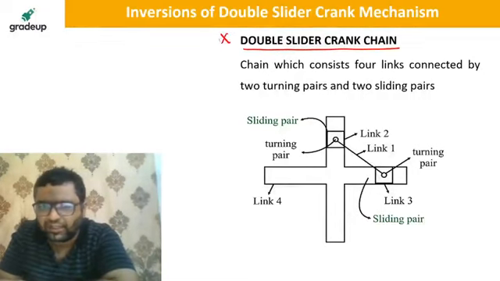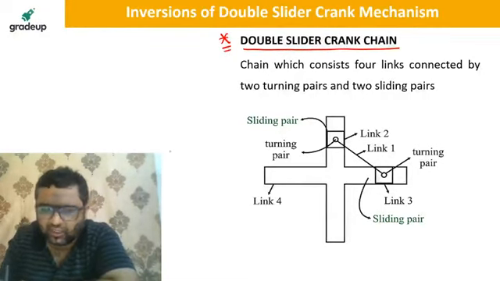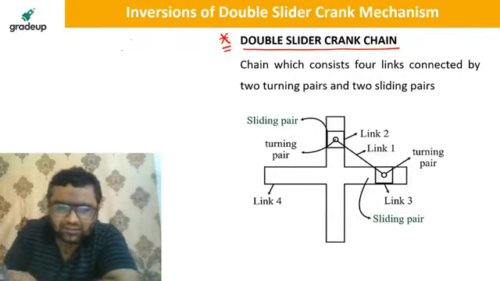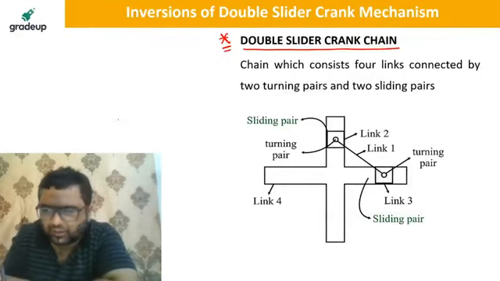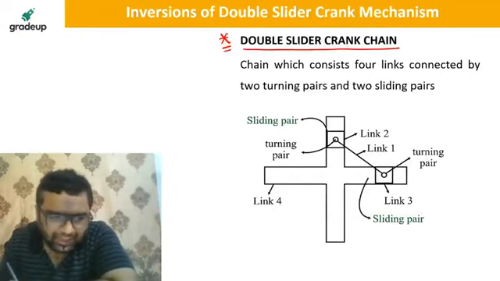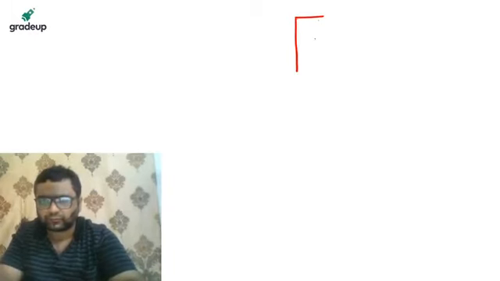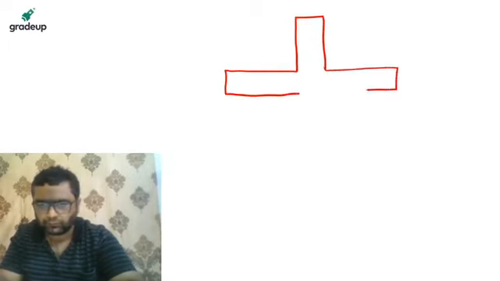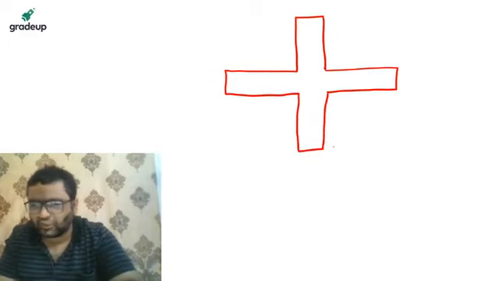For a mechanism, first of all we will see it as a kinematic chain. You can see that there is a slotted plate, which I am showing on the blank slide. This is the slotted plate.